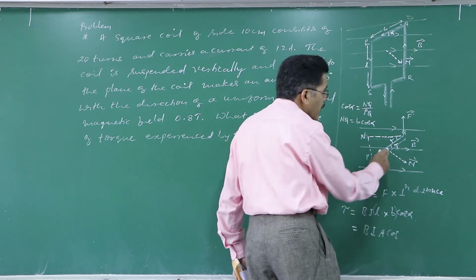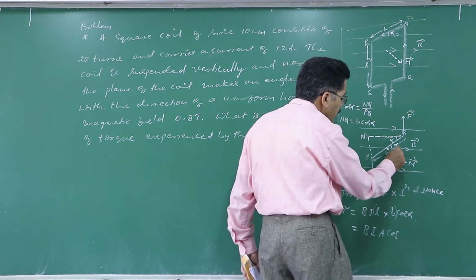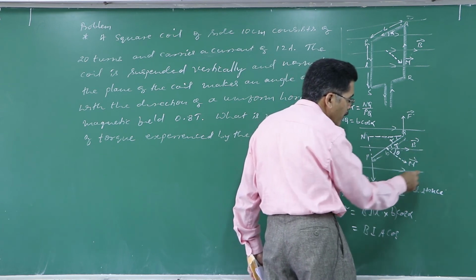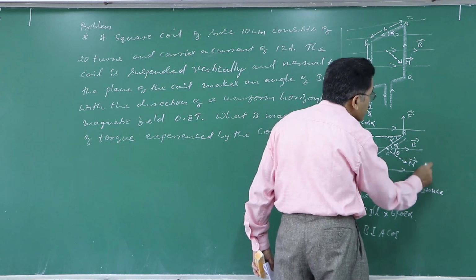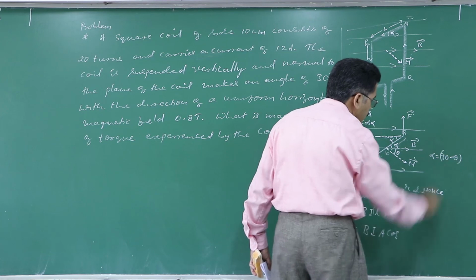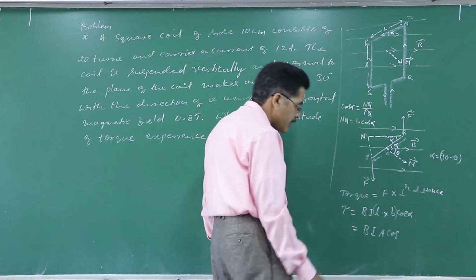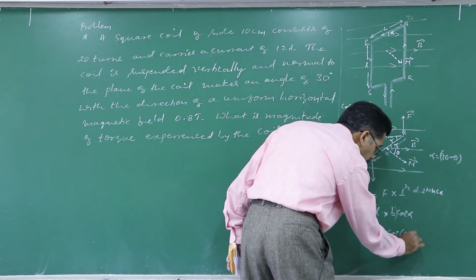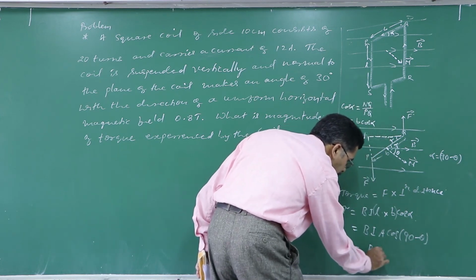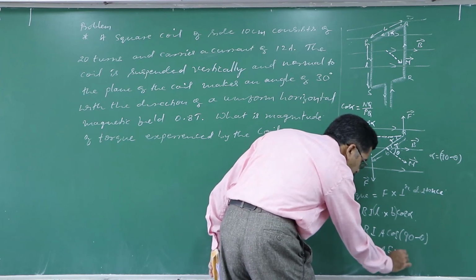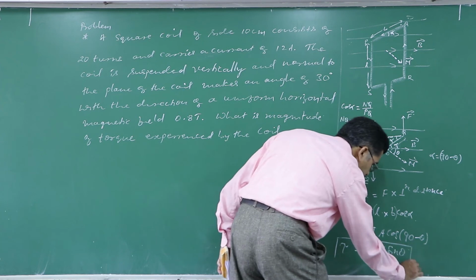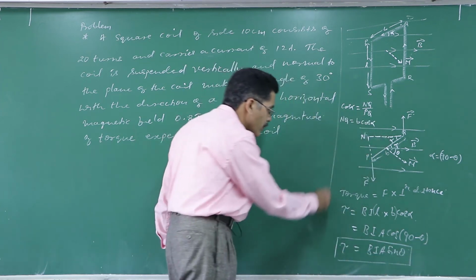See here, if I take this angle as theta, the angle between magnetic moment and B, alpha can be written as 90 minus theta. Alpha is equal to 90 minus theta. Taking cos of 90 minus theta, see what you are going to get: BIA sin theta. This is torque. This gives you the magnitude of torque.